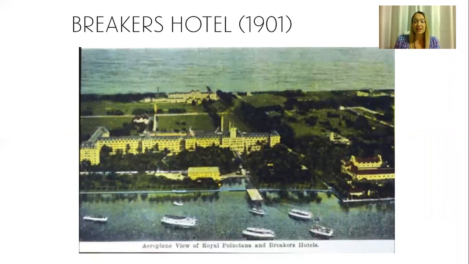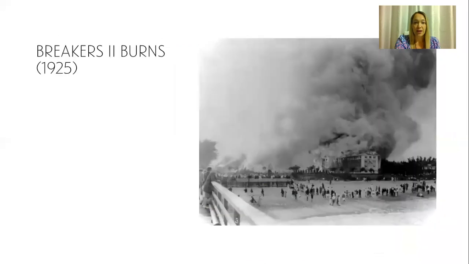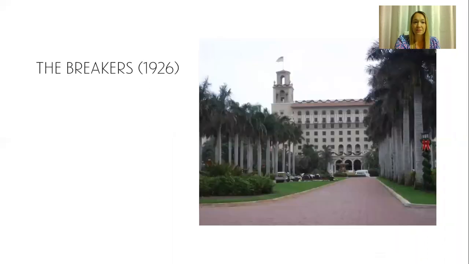So I said that the Palm Beach Inn became known as the Breakers Hotel in 1901, and you can see it here again in the photo, right there. Now, this structure actually was built out of wood, just like the Royal Poinciana, and it had several fires, unfortunately. So the first fire burned the structure down. It was rebuilt again and unfortunately burned down again.